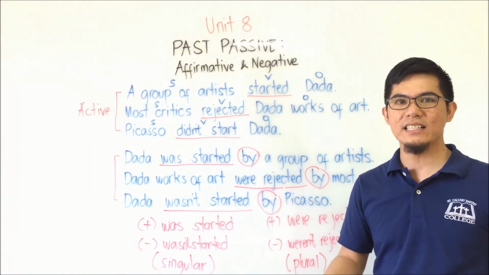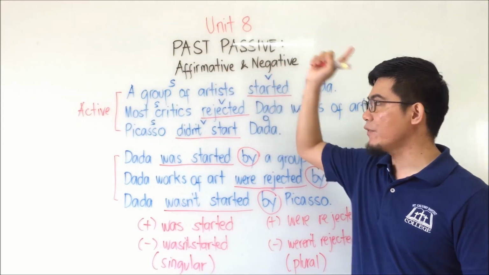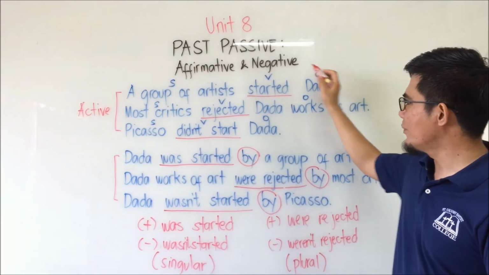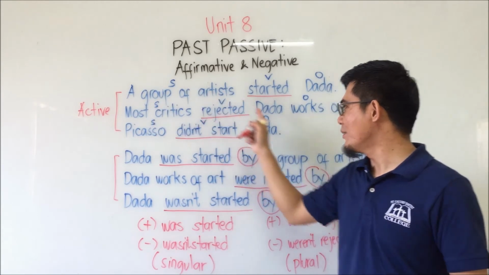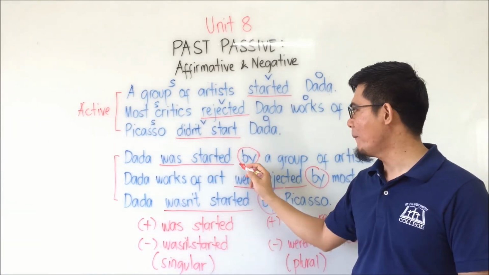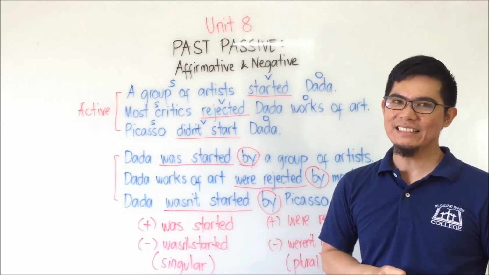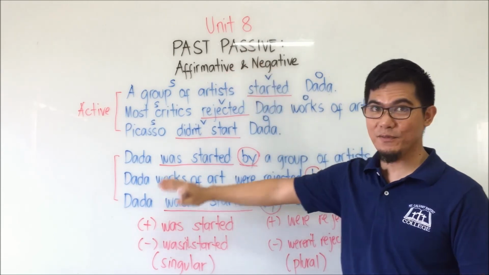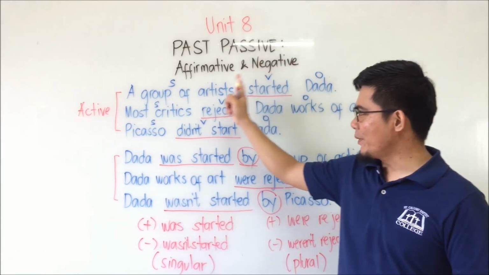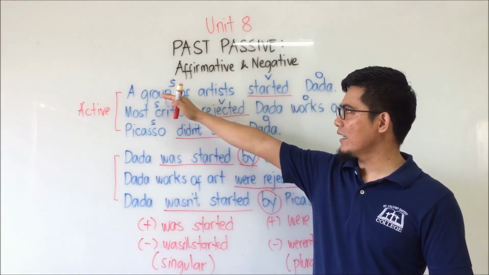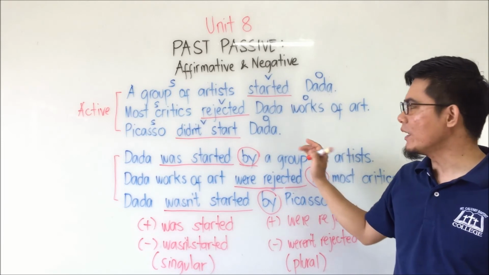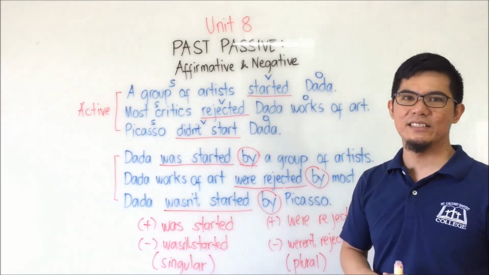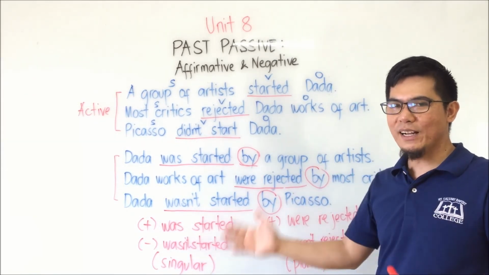Again, in writing sentences, whether affirmative or negative in past passive, the object now becomes the subject, and the subject becomes the object, and then we use the word by before the agent. Are you familiar with this?